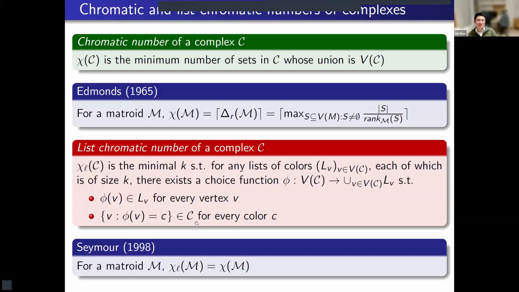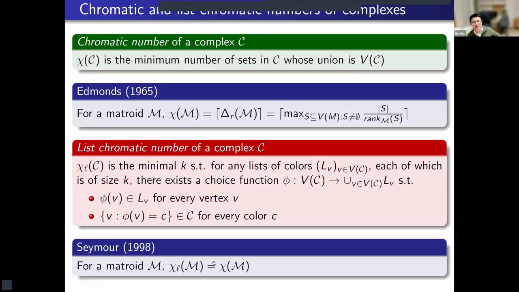Again, in the last example, the list chromatic number of a graph, the C you have is just the independence complex of graph G. Seymour in 1998 proved that for a matroid, the list chromatic number is just equal to the chromatic number of the matroid, not like the graph case, because as we have seen in the graph case, strict inequality can hold.